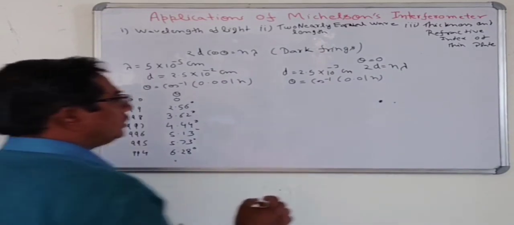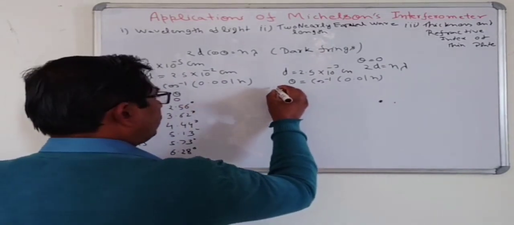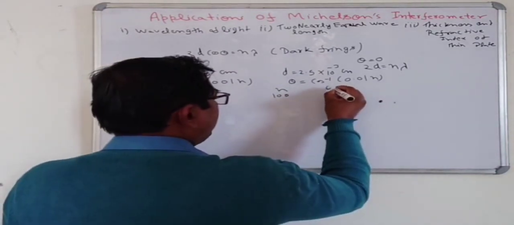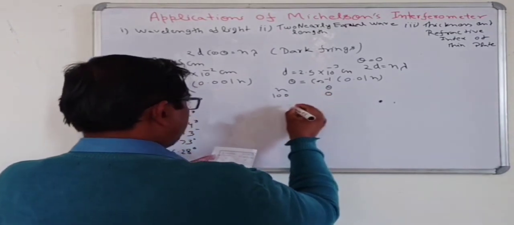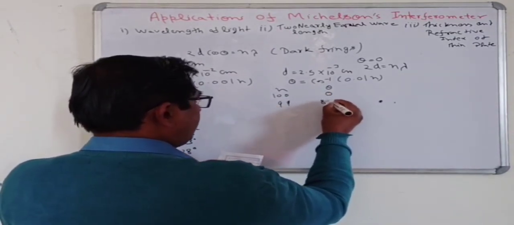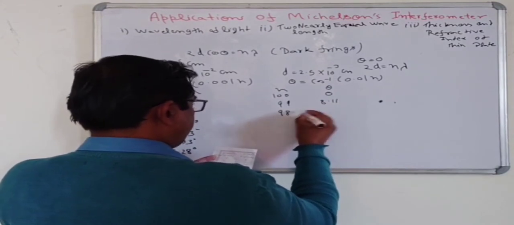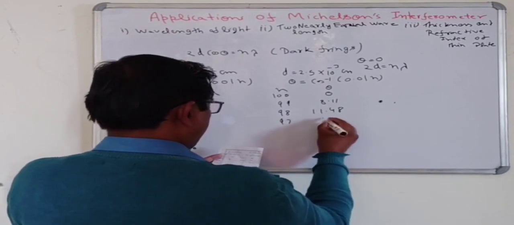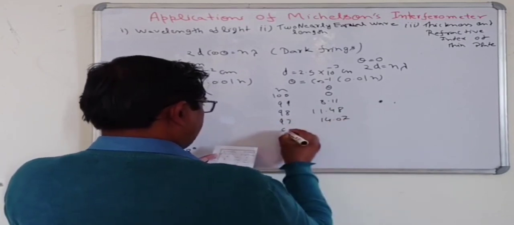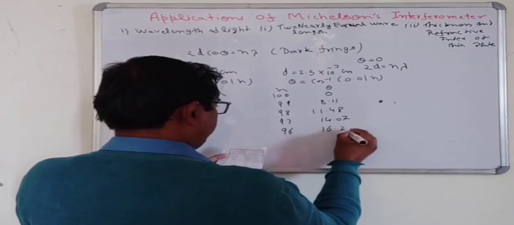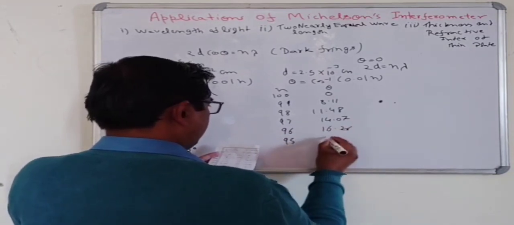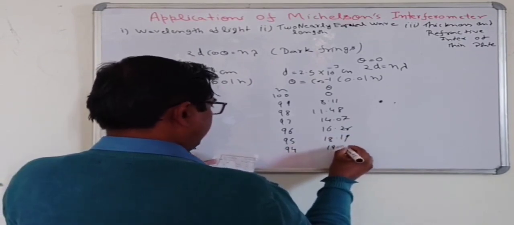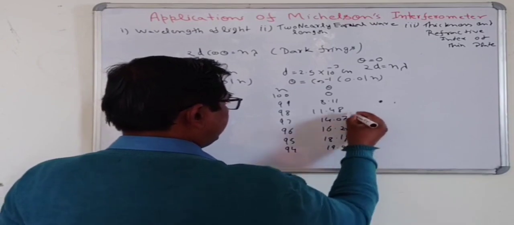Now you can see that when n is equal to 100, the value of theta is 0, for 99 it is 8.11, 98 is 11.48, 97 is 14.07, 96 is 16.26, 95 is 18.19, and 94 is 19.95, all in degree.